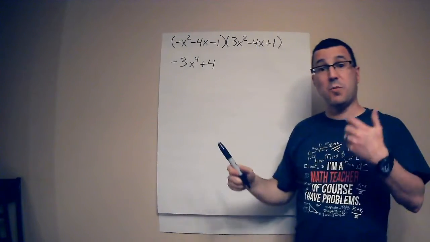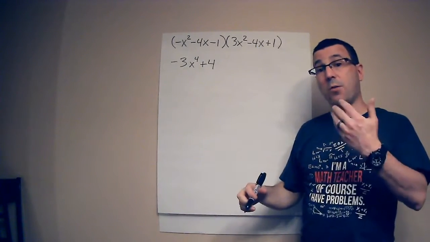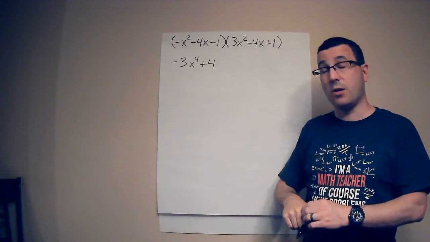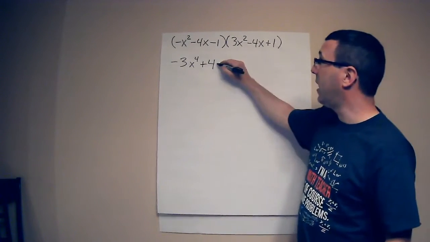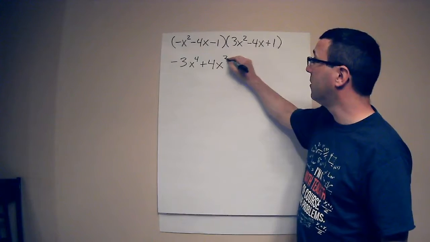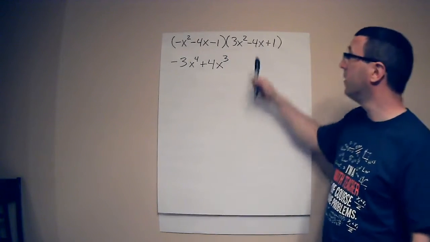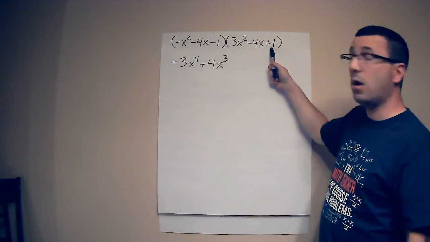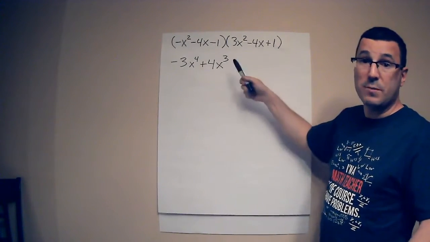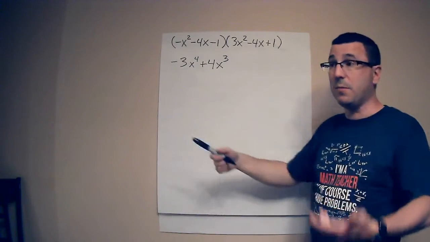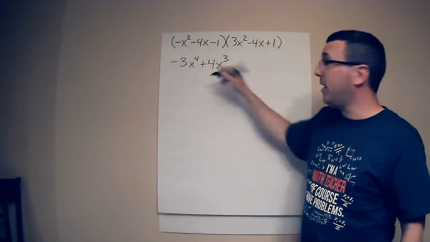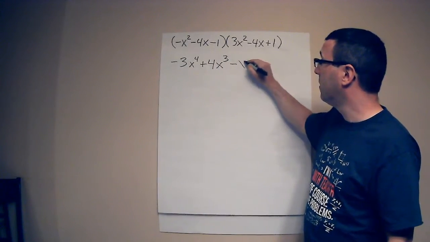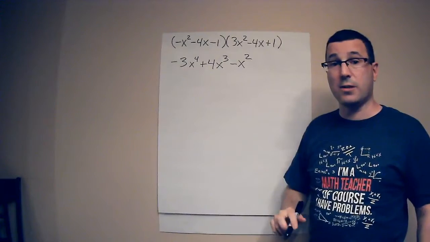I have an exponent of 2 adding an exponent of 1, so 2 plus 1 is 3. I'm going to have x to the third power. Then negative x squared times 1. Well, 1 times anything is just that something. So 1 times negative x squared is just negative x squared.